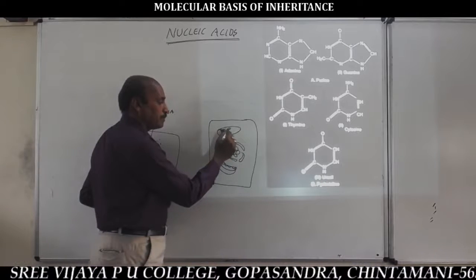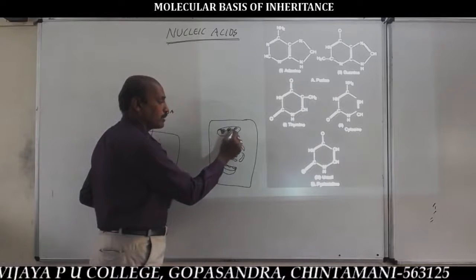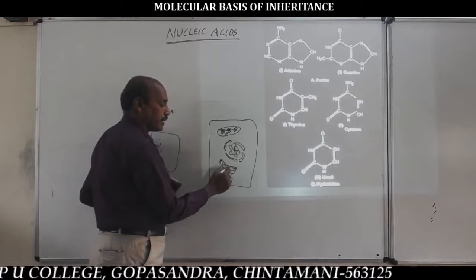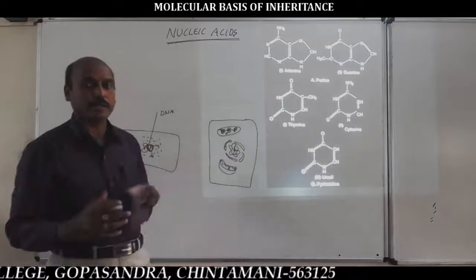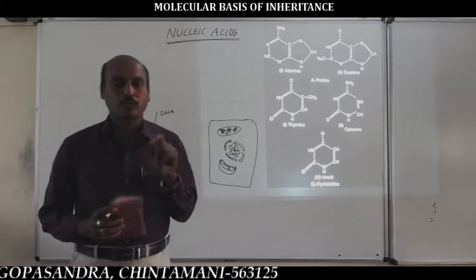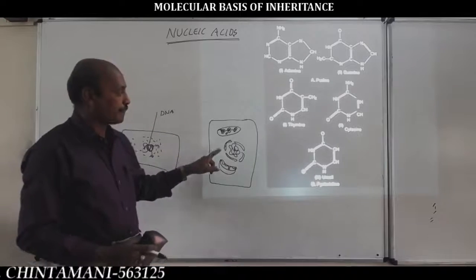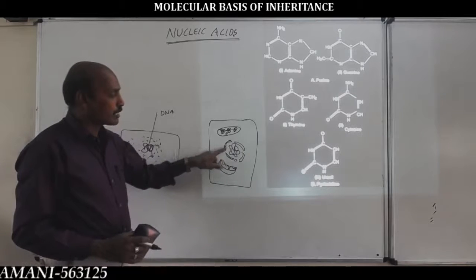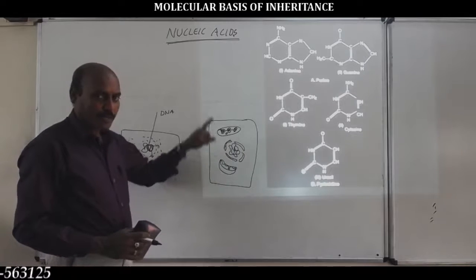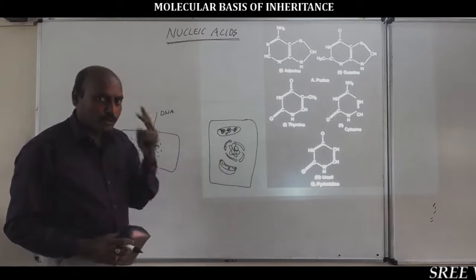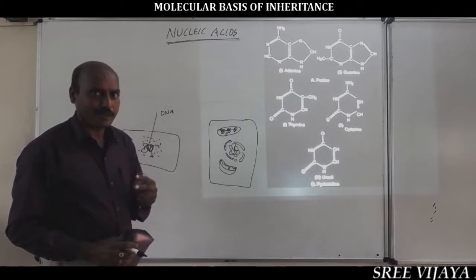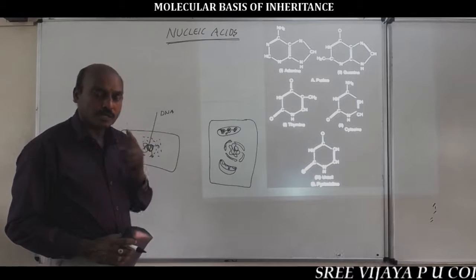Mitochondria and chloroplast also contain circular DNA, never linear DNA. So in eukaryotic cells, DNA is present in both the nucleus and the cytoplasm. In the cytoplasm, the two cell organelles contain only circular DNA.